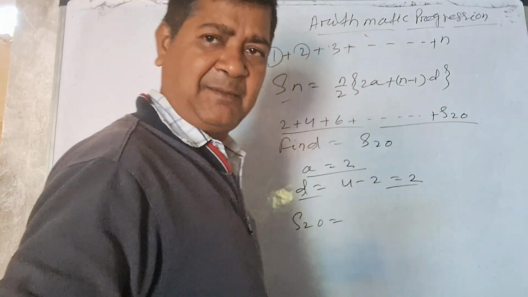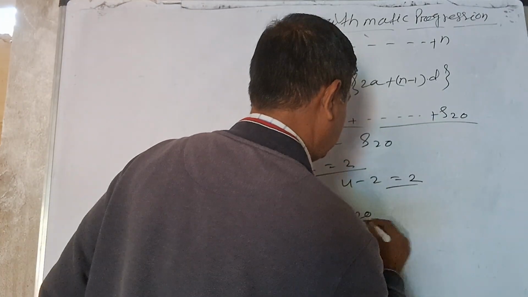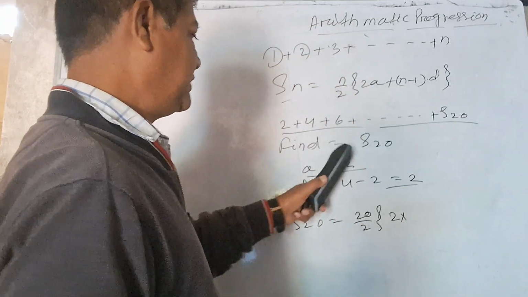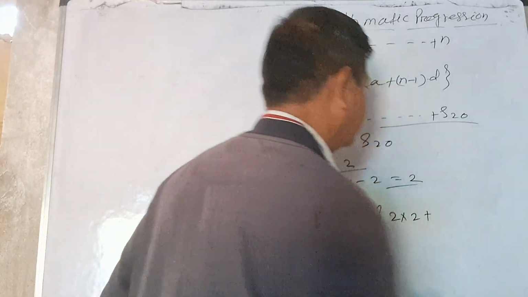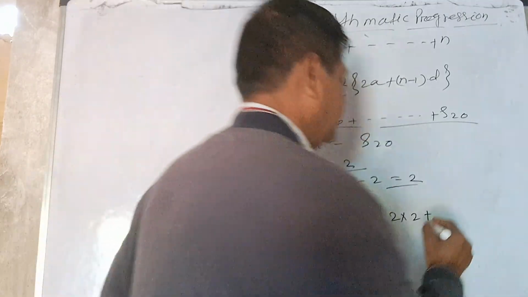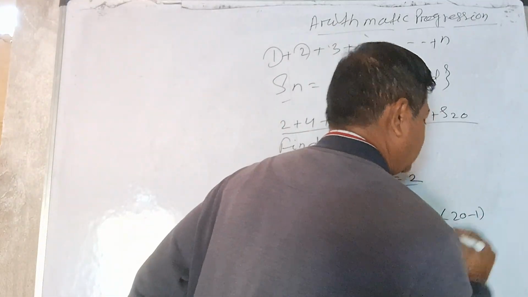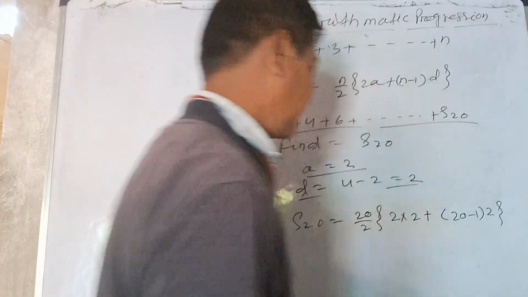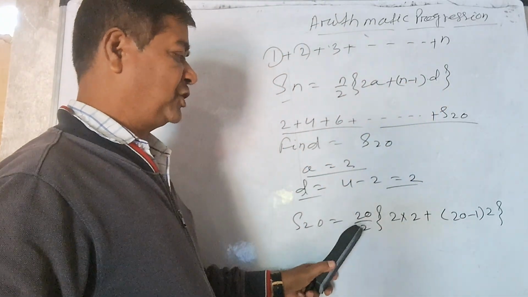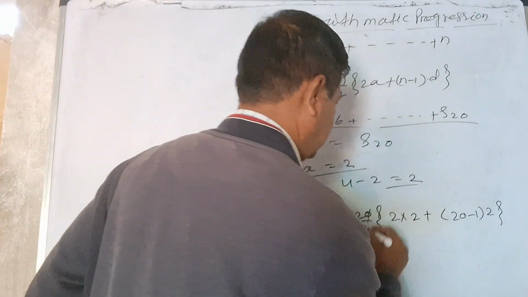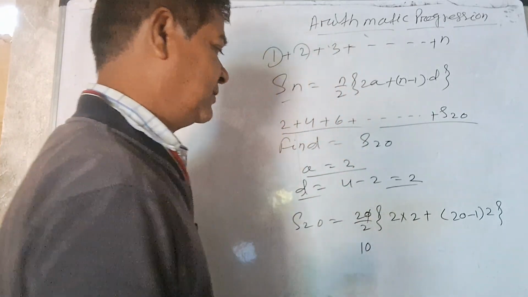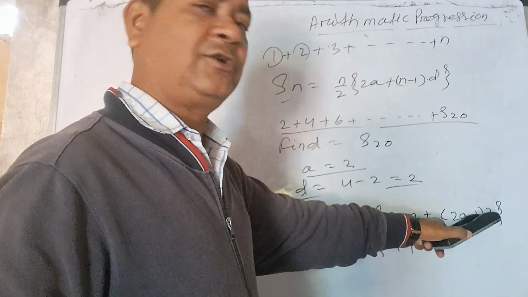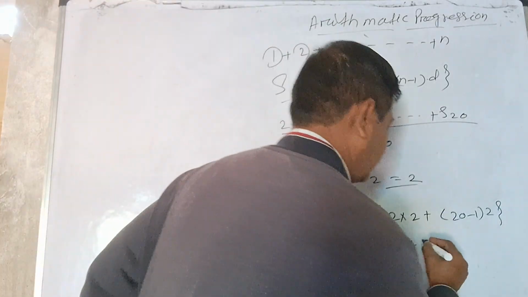Formula: n by 2 means 20 by 2, into 2a, a is 2, plus n minus 1, that is 20 minus 1, into d, which is 2. S20 equal to 20 by 2, that equals 10, 2 into 2 is 4, plus 20 minus 1, 19 into 2, 38.